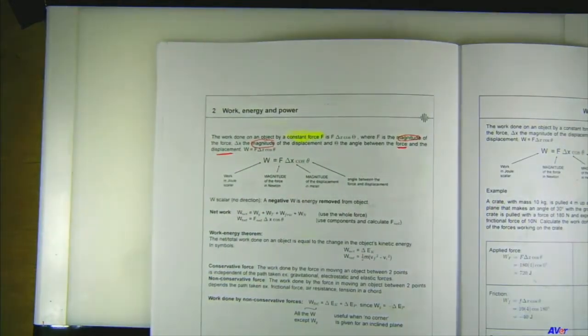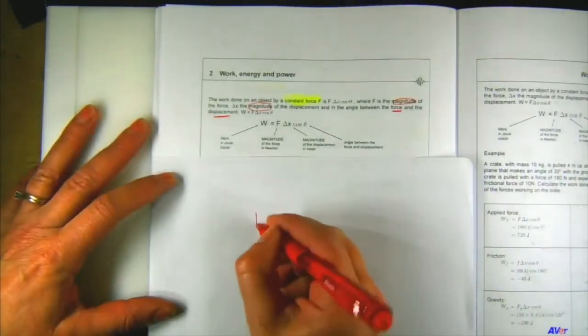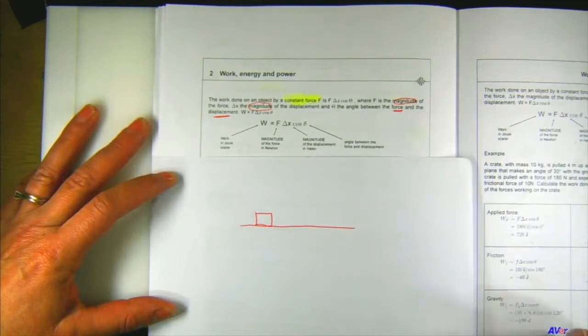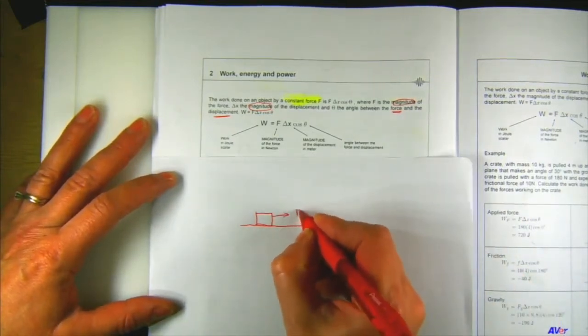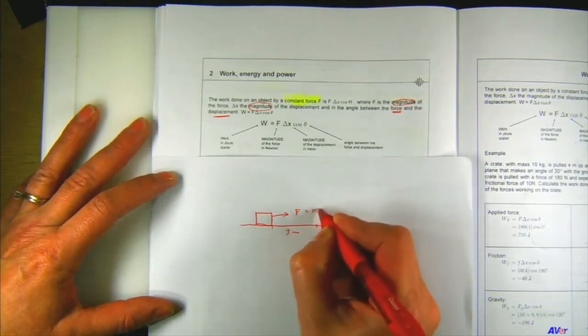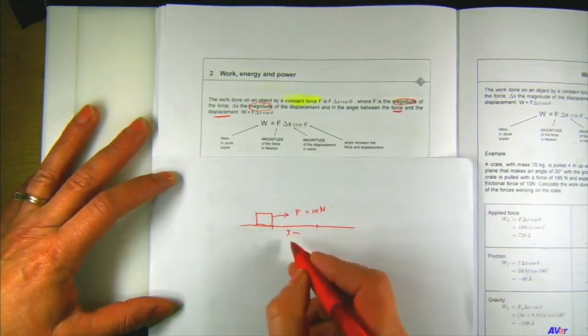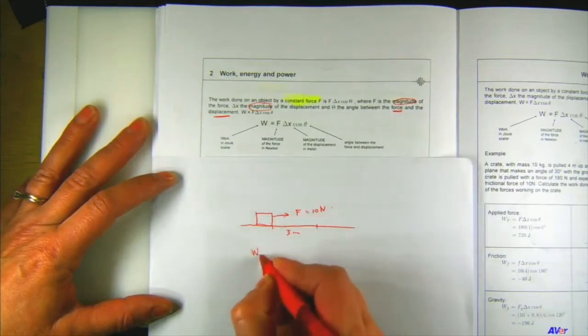Now, learning the definition by heart is one thing, but applying it is something else. So we have to know how to apply it. So take, say, for instance, a crate on a horizontal plane, and you are pulling it to the side with a force F, you're pulling it 3 meters, say the force is something like 10 newtons, and they ask you, what is the work done by this force?